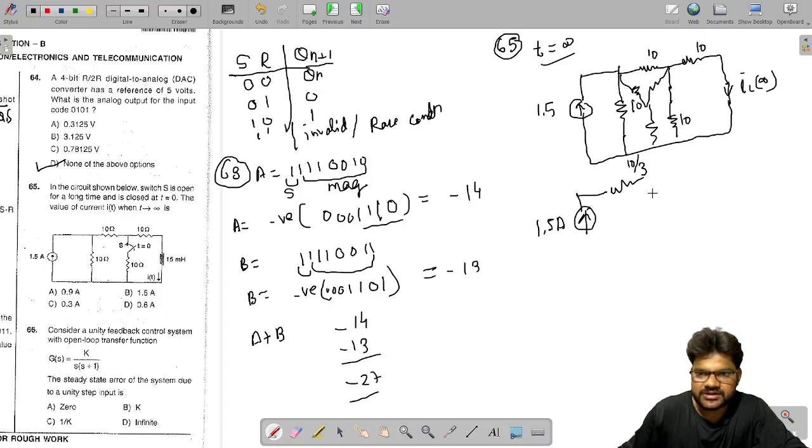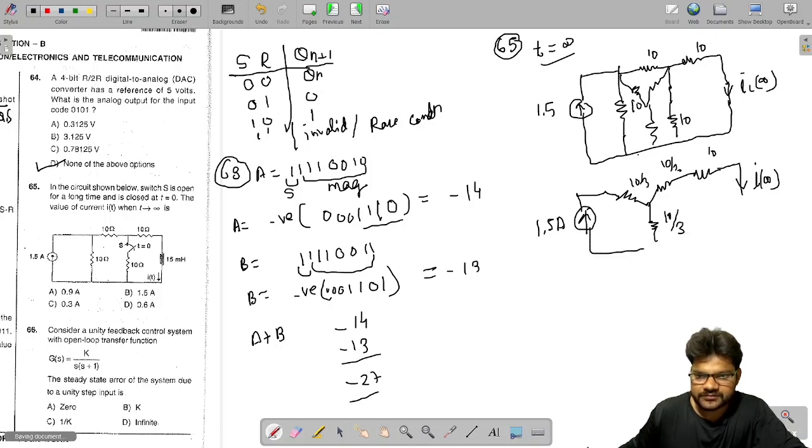So this is 10 by 3, and then this is again 10 by 3, this is 10, this current is I infinity, and this is also 10 by 3. Like this we will have the equivalent circuit, and we have to find out this current.